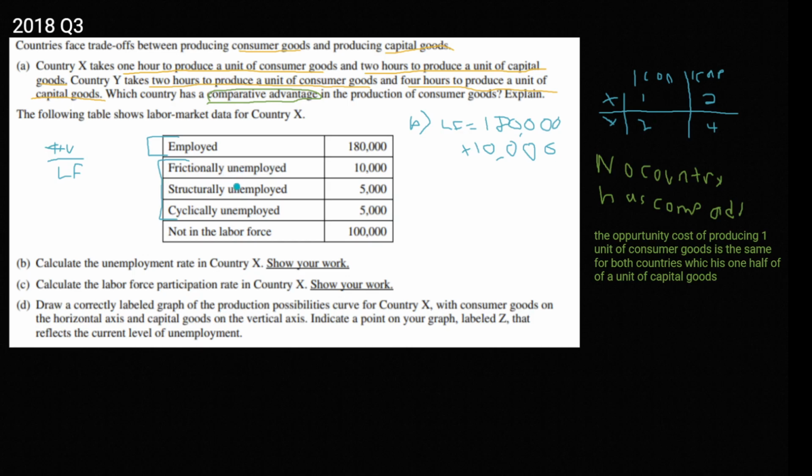The structurally unemployed, the ones that lost a job due to their job not being necessary anymore, and the cyclically unemployed due to some economic stuff. So 5,000, 5,000. So this is the labor force, and that is equal to 200,000.